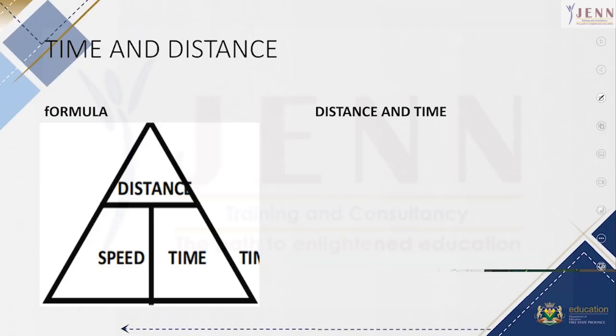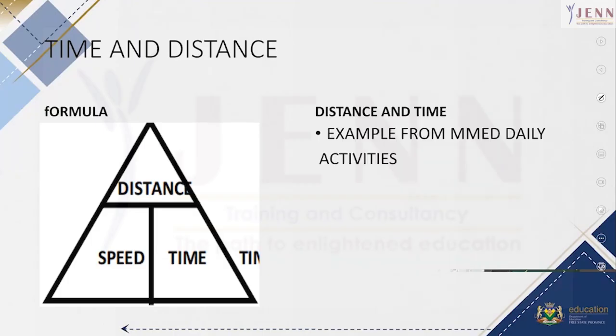convert time, let me give you an example that I'm going to take before I go to this activity. Say you have traveled 800 kilometers at 128 kilometers per hour, and you are asked to find time.